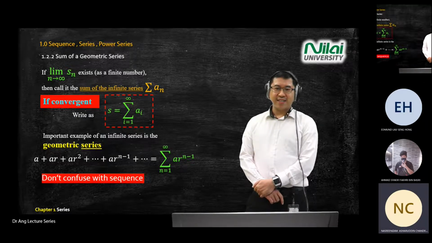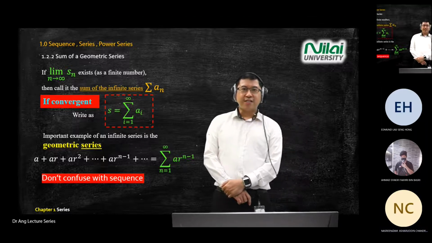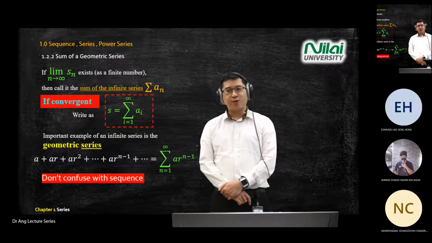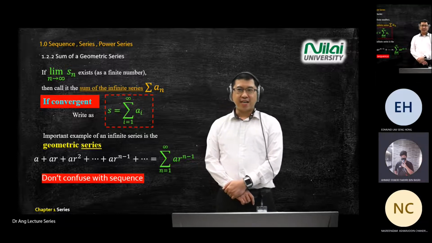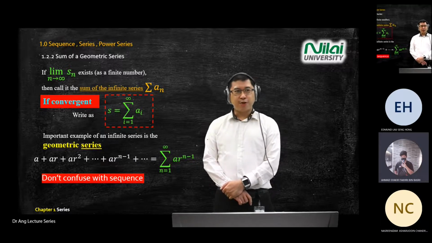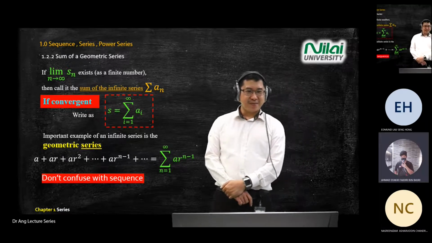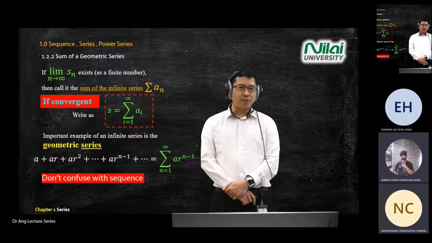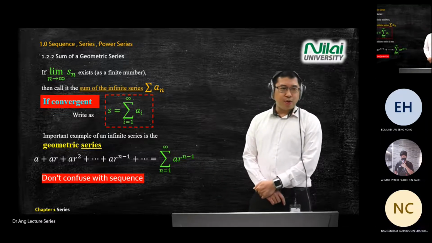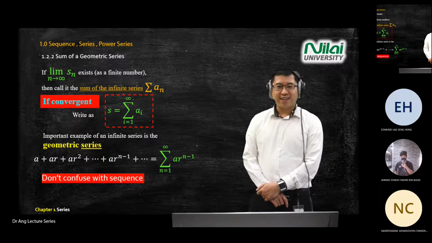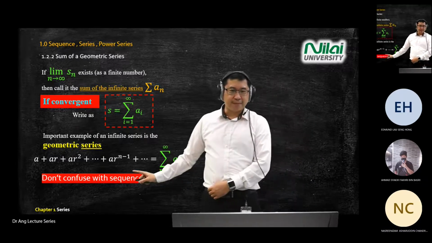Shakil, can you answer that? The answer is 1. Yes. Even 1 million power 0, you still get 1. Okay, so back to this question, Nizam.